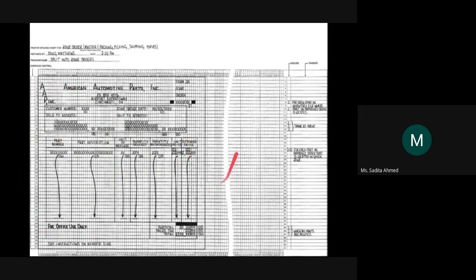So as you can see, all the spacings are of exact same size, and all the characters or everything is contained within a certain cell size, let's say.